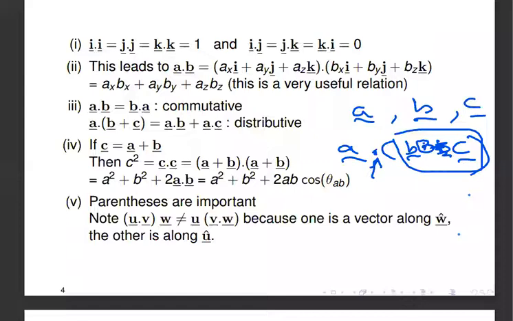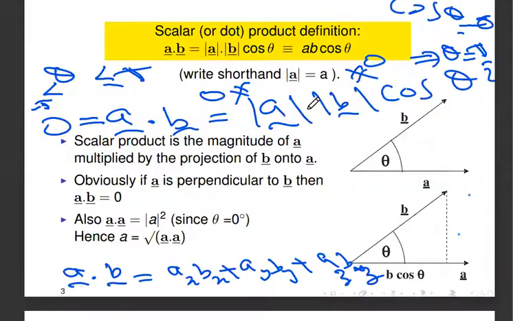So do we always get a scalar when we multiply? We haven't defined division of two vectors. So far, we have defined only multiplication of two vectors, not division, right? So this is multiplication of two vectors.